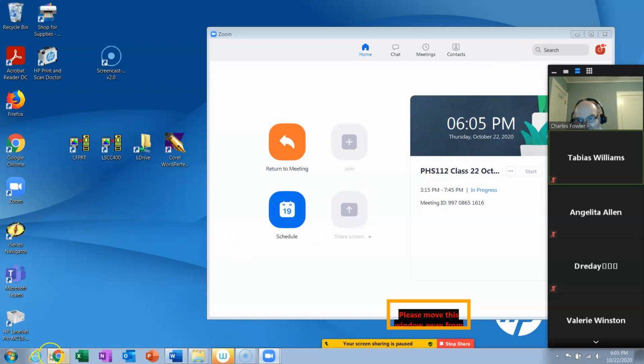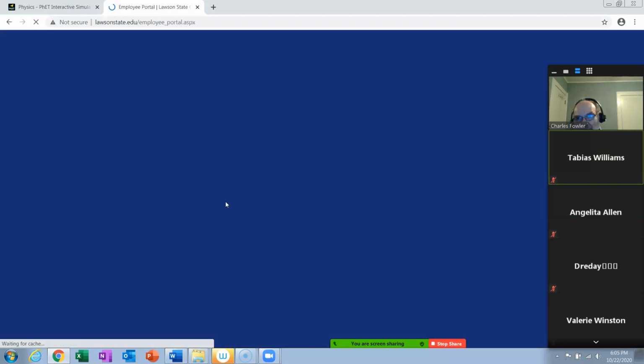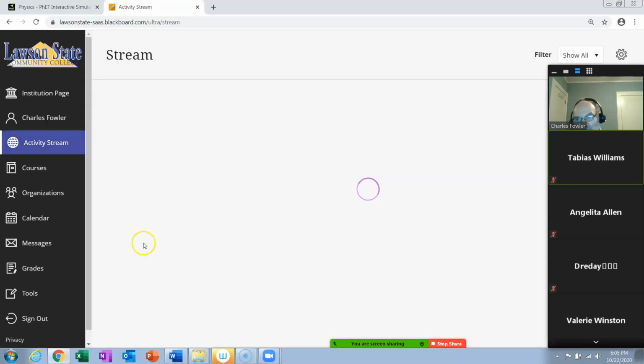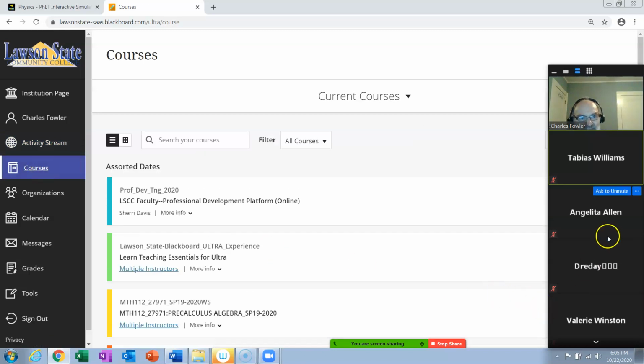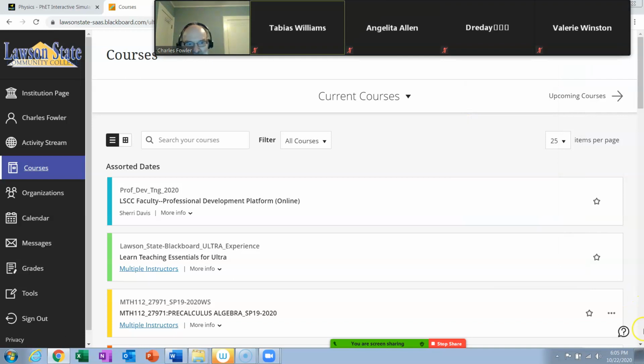So let's go back to this and do, this is what I'm looking for, employee portal. Okay, and my Blackboard. See, I was opening the other thing through Blackboard, so that's why I couldn't get back to it without closing that. Now I got to move you all back to the top again. This is such a pain in the neck.